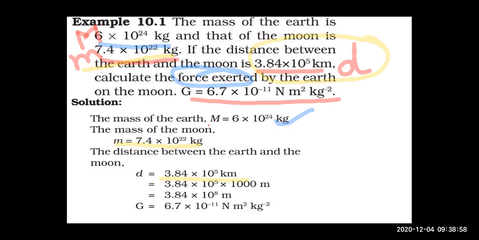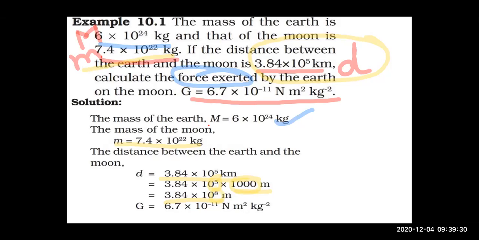Now, kilometer we will convert into meter. We know 1 kilometer is 1000 meters. So these many kilometers means just multiply it by 1000, and you will get it in meters. So your distance will become 3.84 into 10 to the power, here we are having 5 plus 3, that is 8 meter. So this is the value for d.